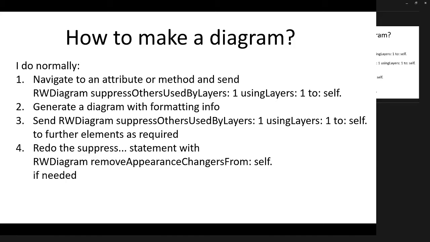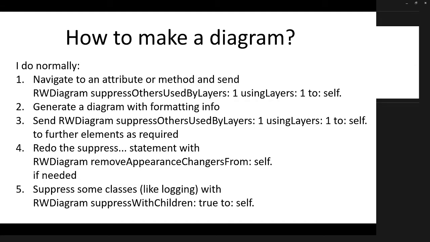I have two further elements. You can remove the appearance changes, and I can suppress some classes if I need. And then I build a diagram. I had an idea also of automatic rearranging, but I had the feeling that it's not really needed.